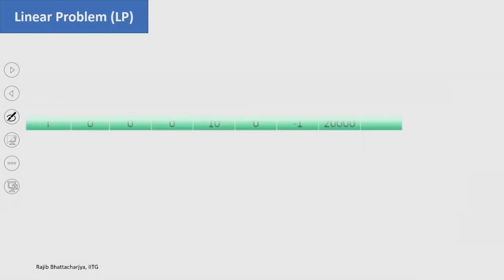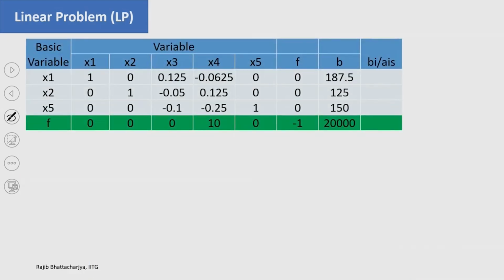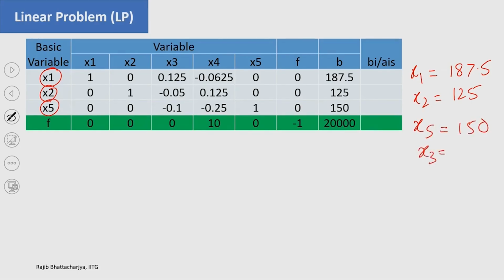Okay. So, this is the pivoting element, and if I do that, x1 is now in as a basic variable, then x2 is already there and x5 is there. Now, I am getting a different solution, but if you look at what is this solution? This solution is x1 equal to 187.5, okay, and x2 equal to 125 and x5 equal to 150 and x3, x4 equal to 0 and f equal to minus 20,000.